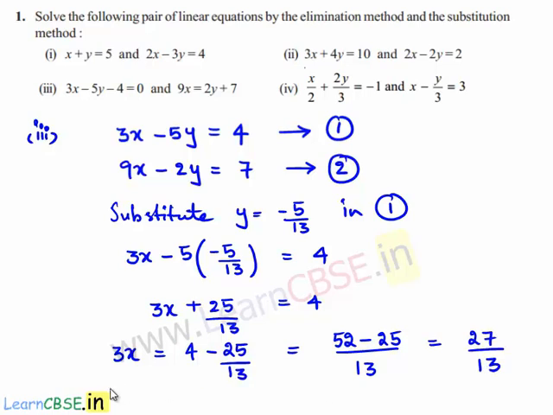So we obtained 3x is 27 divided by 13. That implies x is equal to 27 divided by 13 multiplied by 3. 3 goes in 27 as 9. So we got x is equal to 9 by 13.